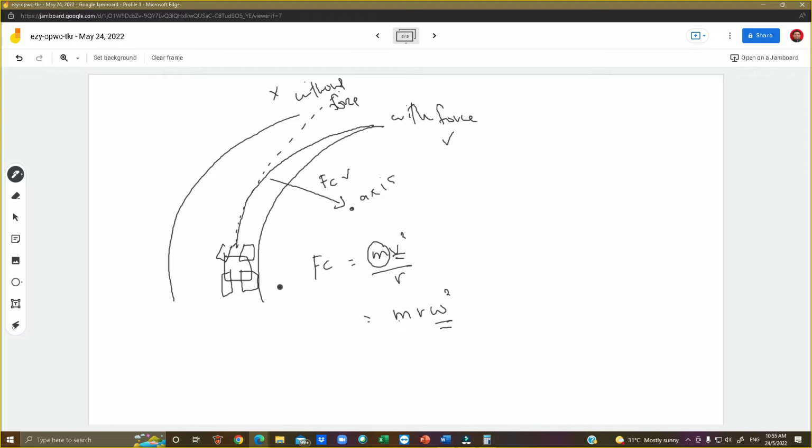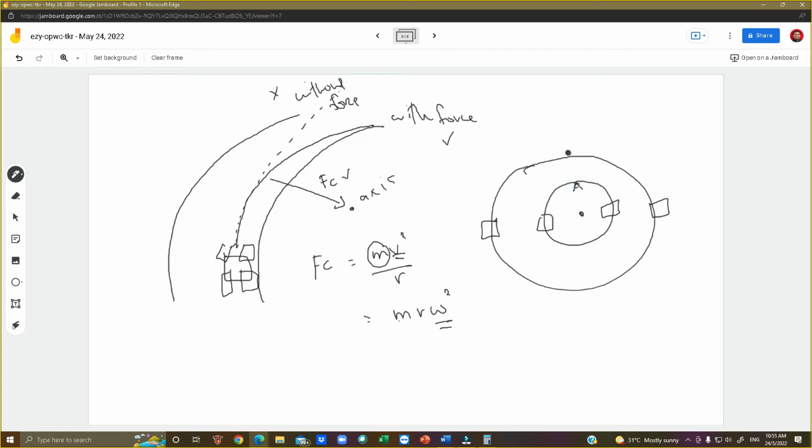Okay, in rotation, let's say we have something like this. We have something rotate. Kita ambil wake. And then we have something rotate. The same axis. Tapi apa yang berbeza antara A dengan B? What is the difference between A and B? Dia punya radius. Okay.